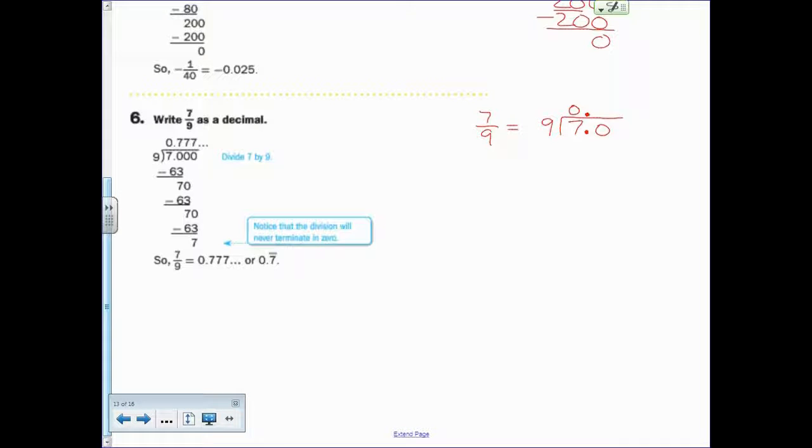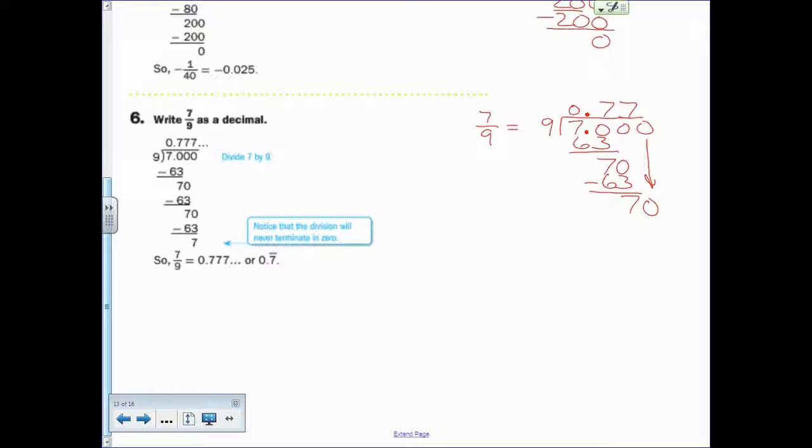What do you think? It's only 7 times. 7 times 9 is 63. And when I subtract, I get 7 left over. I add a 0, bring it down. 7 times 9, again, would be 63. I subtract, and I get 7 left over. I add a 0, and I bring it down.